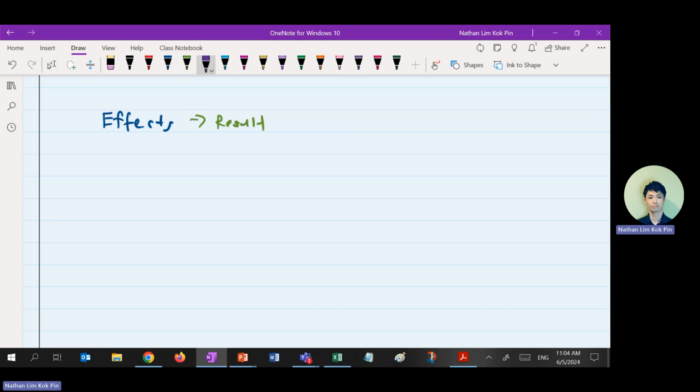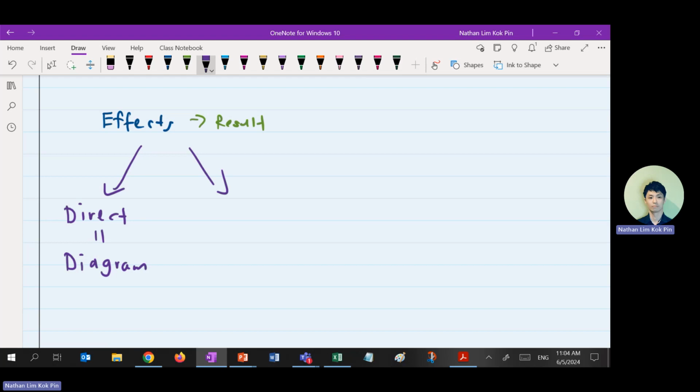Second thing, in econs, it's further separated into two. First one is direct effects. Direct effect means whatever you can see in the diagram, like the price of the good itself, going up or down.